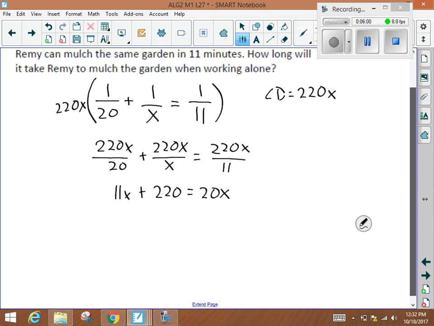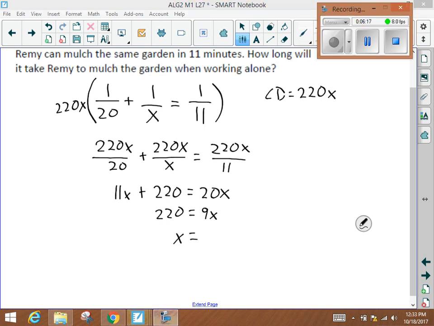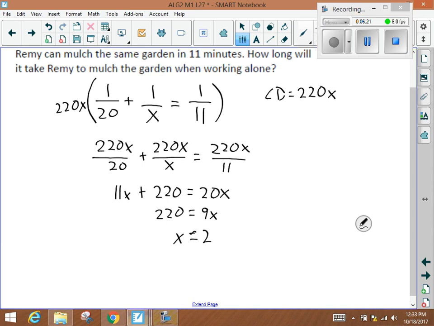And over here, I will have 20x. So I'll go ahead and subtract 11x from both sides. And that's going to give me 9x. Divide both sides by 9. And I get approximately 24.44. So what do we say?